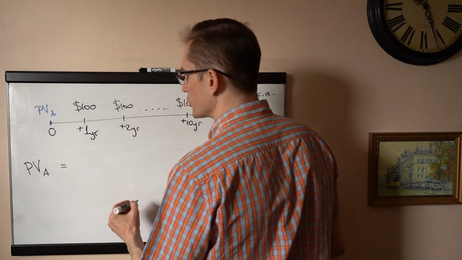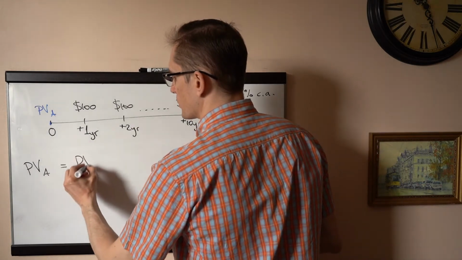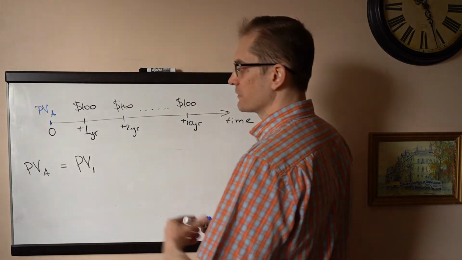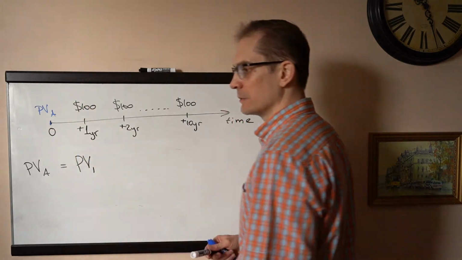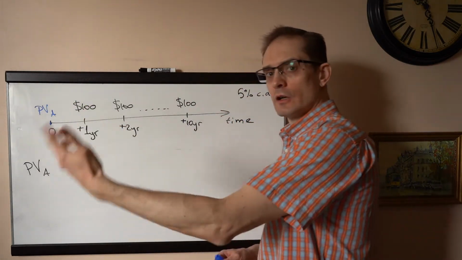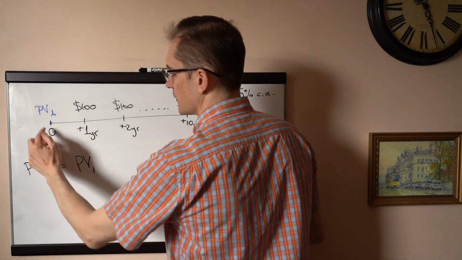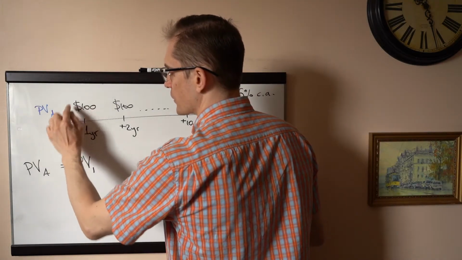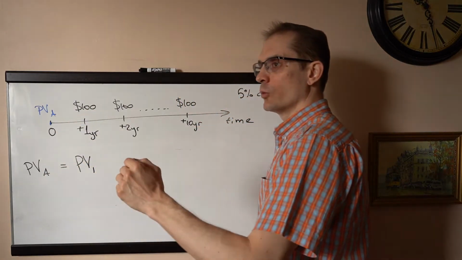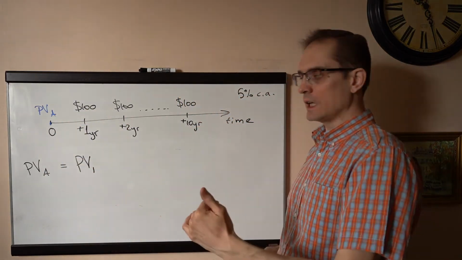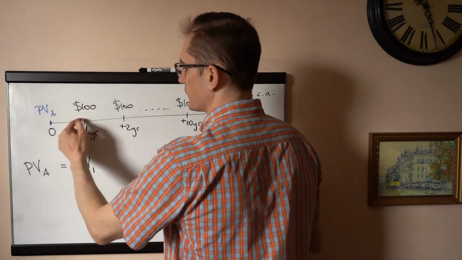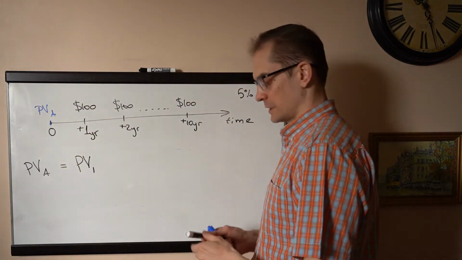It is equal to present value 1, which is the present value of this first payment, because your first payment is 1 year from today, right? In order to find how much that $100 paid 1 year from now is as of today, you have to find present value of this first $100.